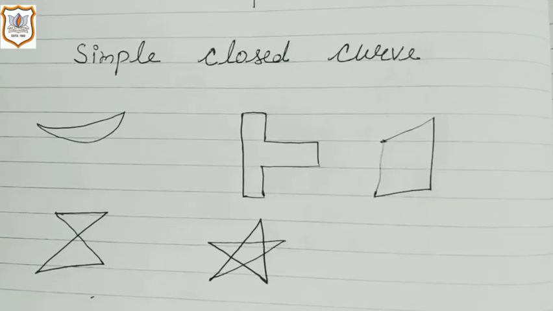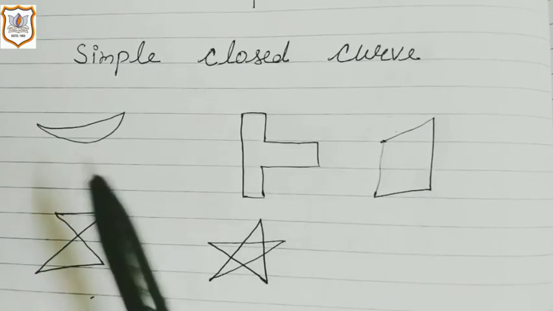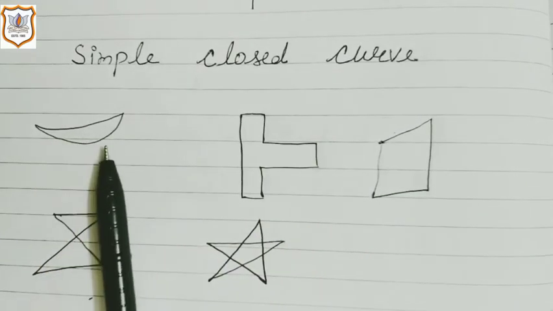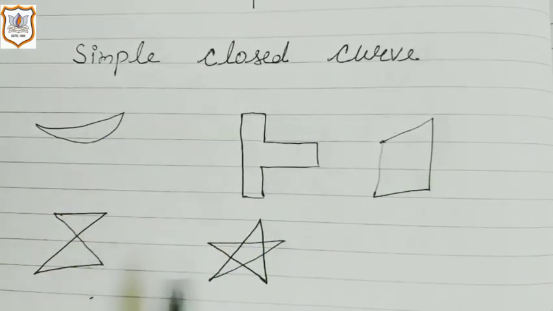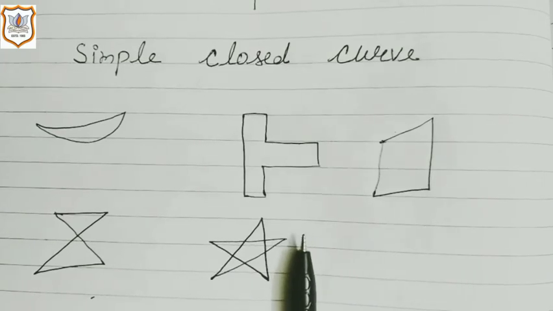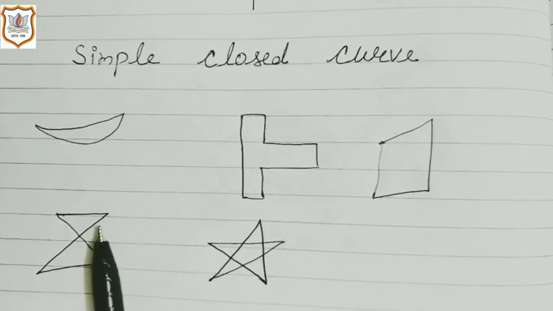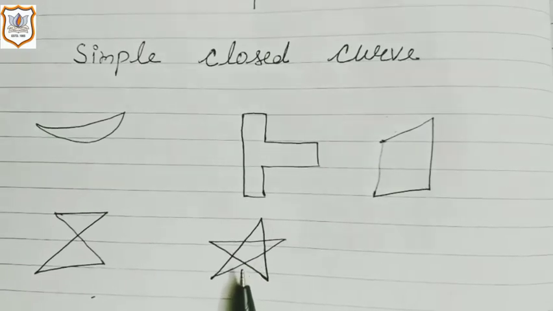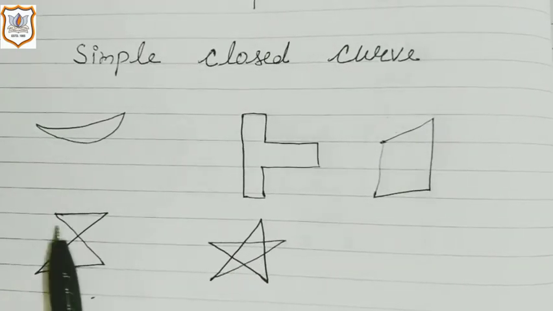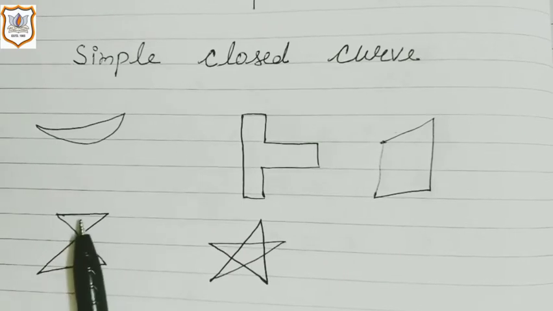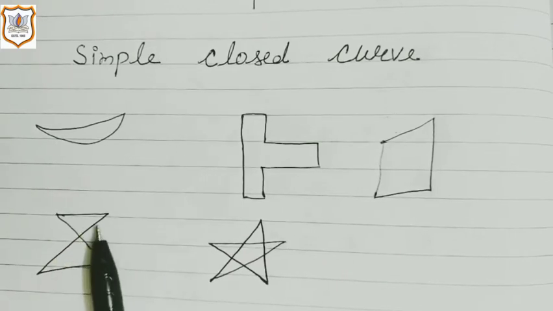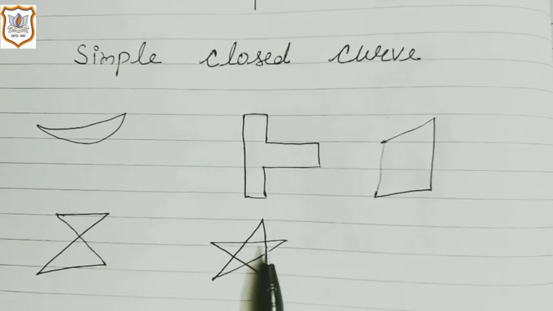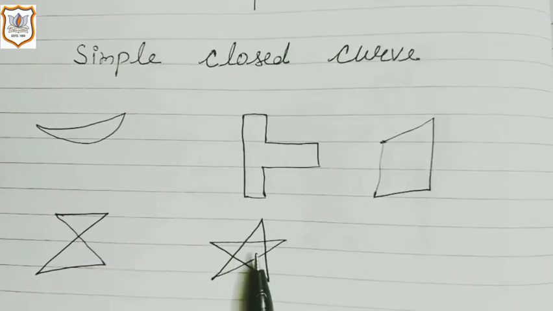Students, now we will understand what a simple closed curve is. Look at here, these are closed curves, but this figure and this figure are not simple closed curves because in this figure the lines intersect each other. Clear? And in this figure the lines intersect each other.